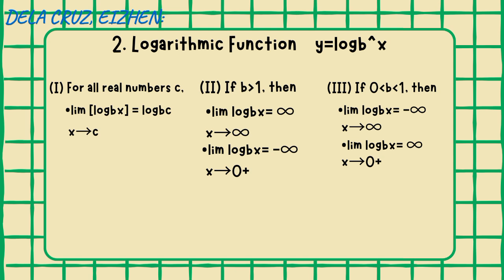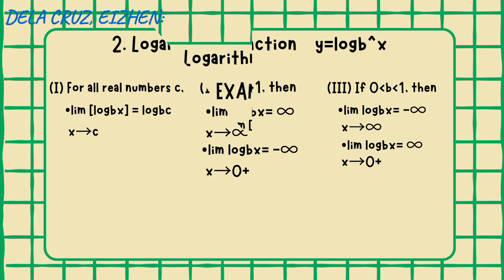The limit of log base b of x as x approaches 0 from the right is negative infinity. If b is greater than 0 and less than 1, the limit of log base b of x as x approaches infinity is negative infinity. The limit of log base b of x as x approaches 0 from the right is infinity.